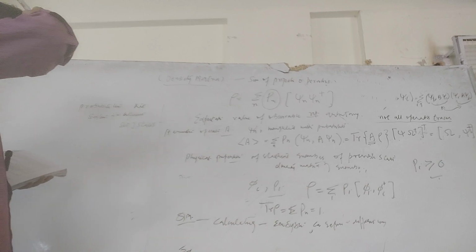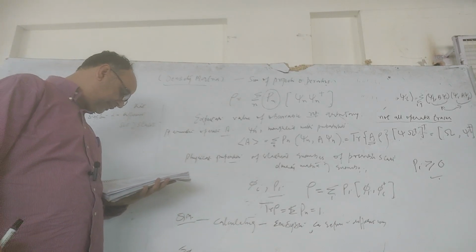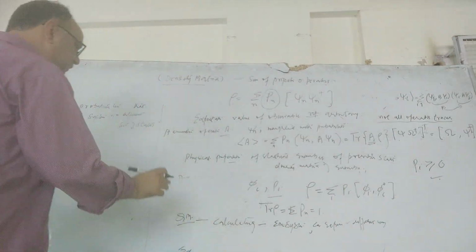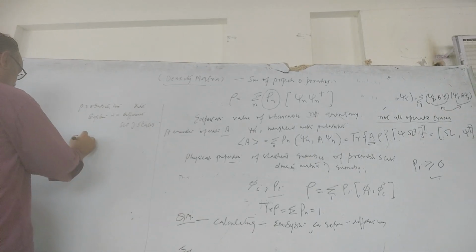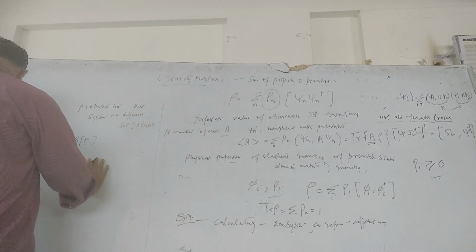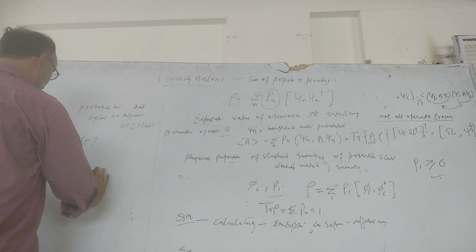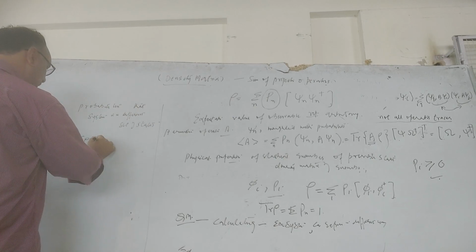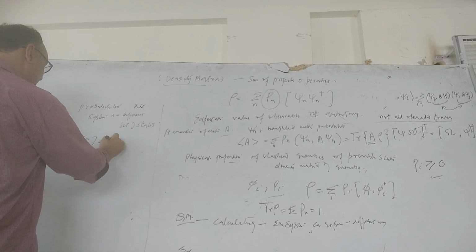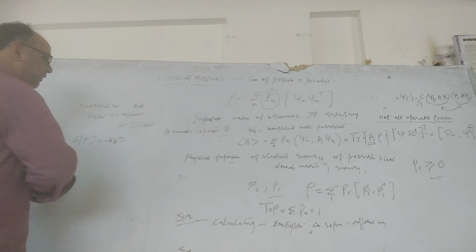Now another important thing is that if you want to write it in terms of the pure state, the von Neumann entropy S can also be written with k_B.